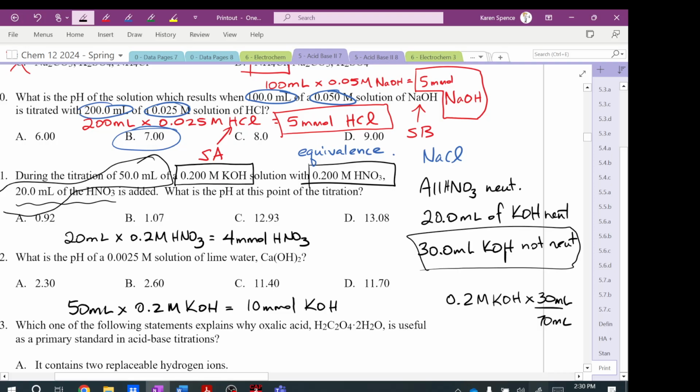So I have 6 millimoles of KOH in excess. You don't have to draw the whole RICFA table. You can just say, I'm using up all 4 millimoles of the HNO3 and 4 millimoles of the KOH, so I have 6 millimoles of KOH left, in 70 milliliters.